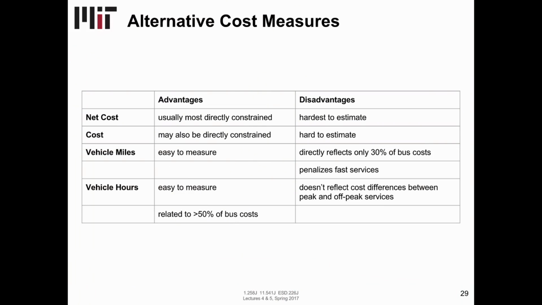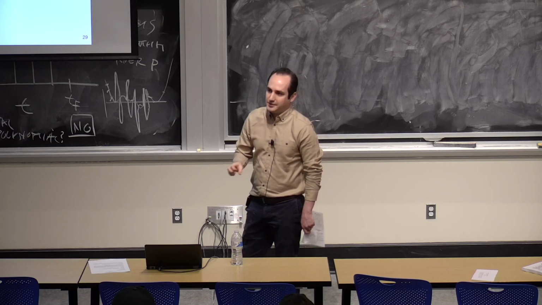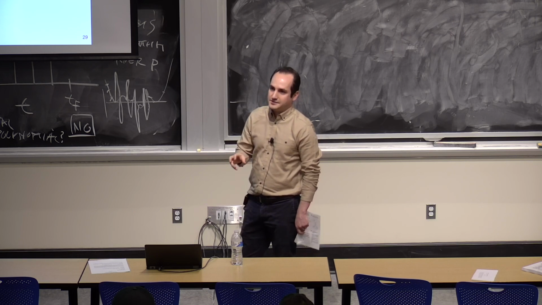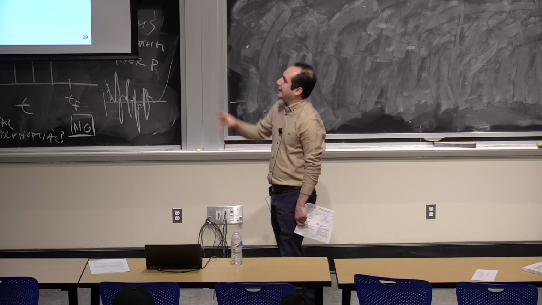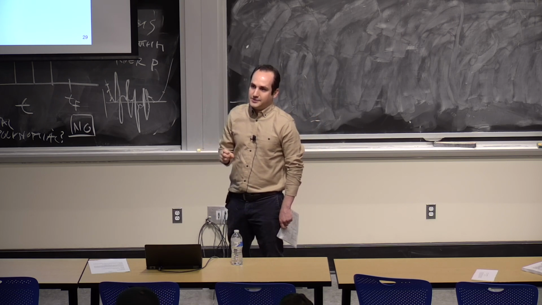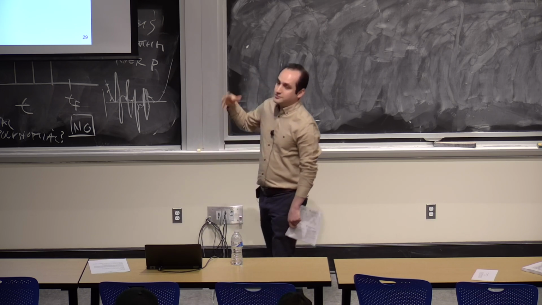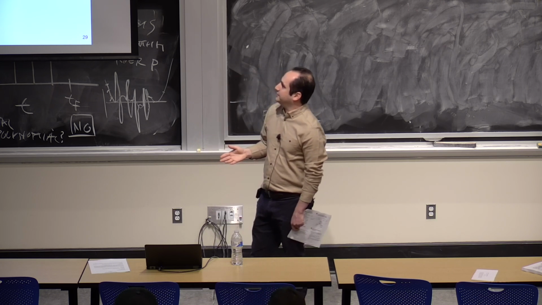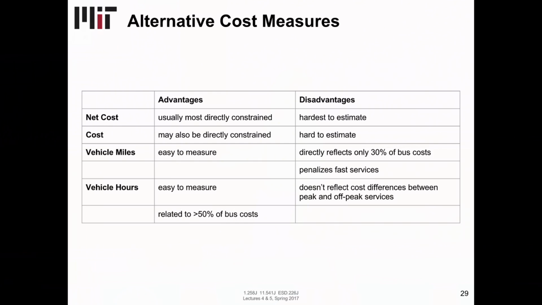And that's probably the part that is correlated with fuel and with depreciation of the vehicles and with maintenance. And then it also penalizes fast service. It doesn't distinguish between a mile traveled fast and on time, as opposed to a mile that is delivered in congestion and with long delays.